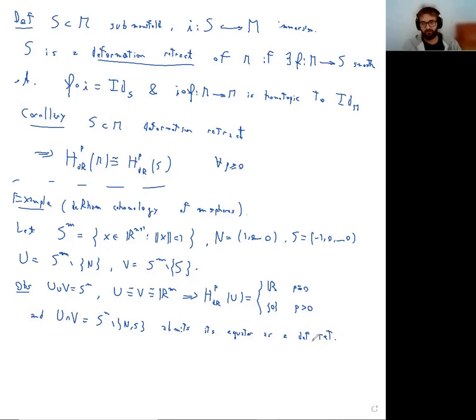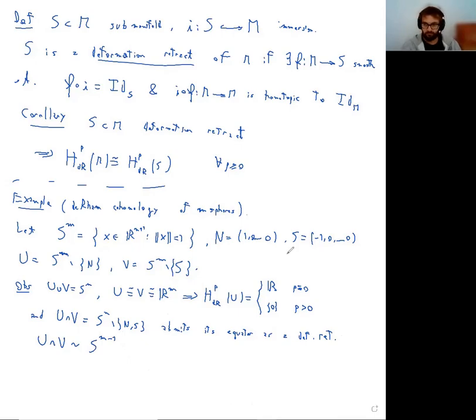So if you think about it in the regular S^2, if you take away the top point and the bottom point, you can squeeze everything to the equator, which in this case is an S^1. But in general, U intersected V is homotopy equivalent to S^(n-1).